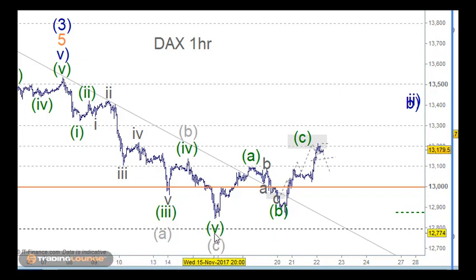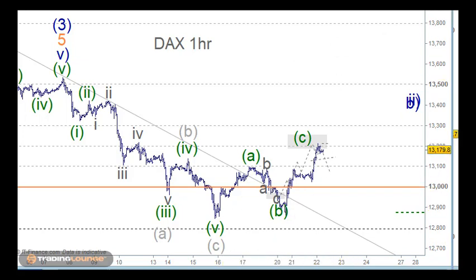So it counts reasonably well as a 5 wave structure. I know this can be counted a little differently as a corrective move down, with an A wave, a B wave and a C wave. But this is what we're looking at the moment.